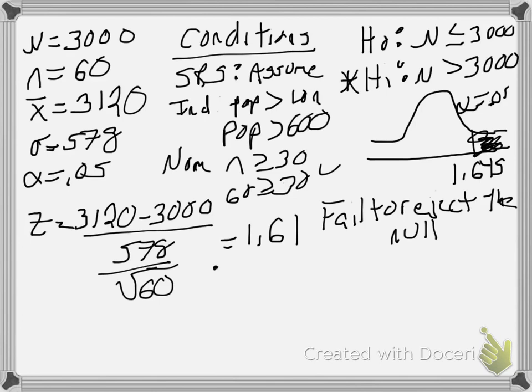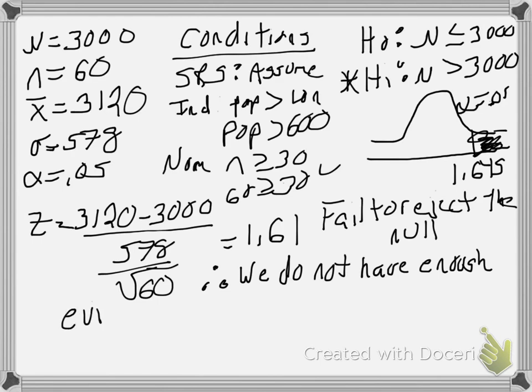So what's our conclusion going to be? Do we or do we not have enough evidence? Well, if we fail to reject, then we don't have enough evidence. So therefore we do not have enough evidence at alpha equals 0.05 to, again, reject the H0, support the H1.